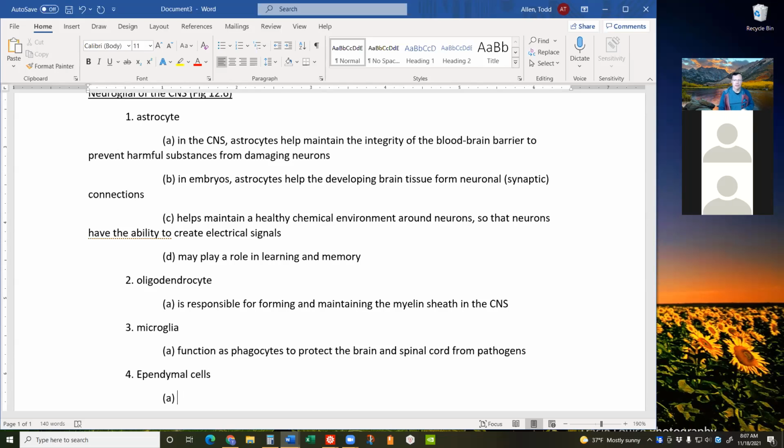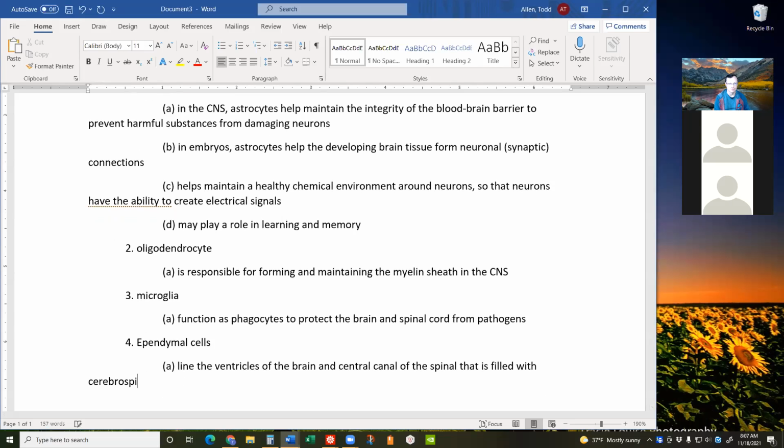At any rate, the ventricles of the brain are made of many cells, but the inner lining of the ventricles is made of ependymal cells. So ependymal cells line the ventricles of the brain and the central canal of the spinal cord that is filled with cerebrospinal fluid.